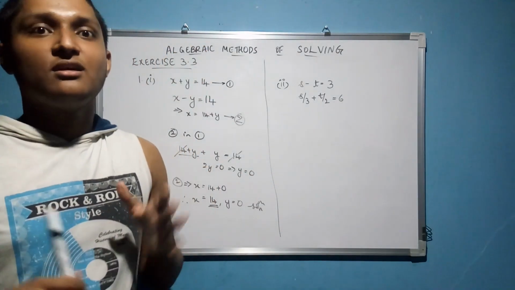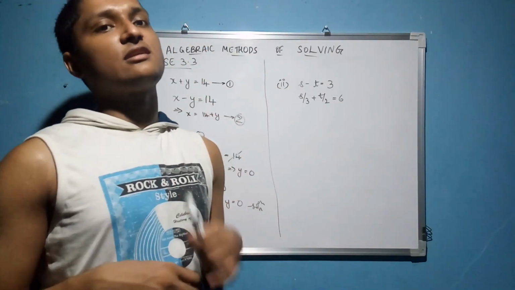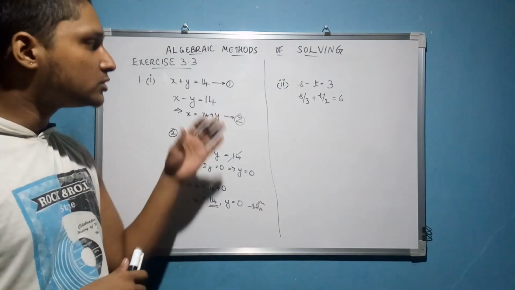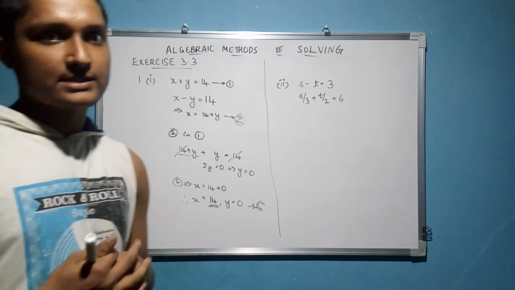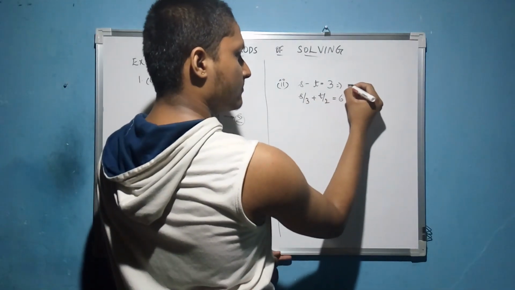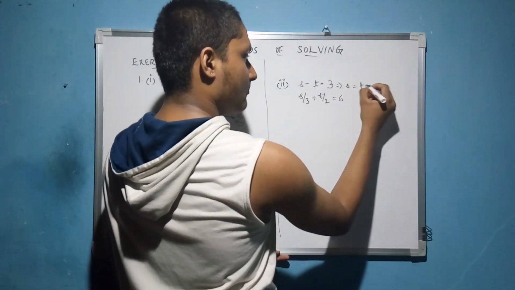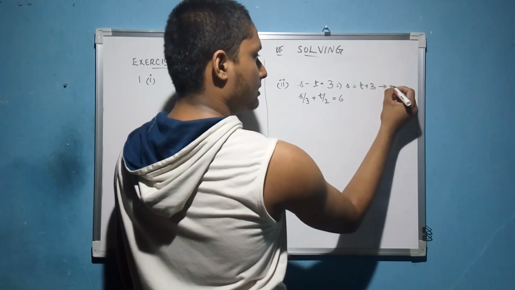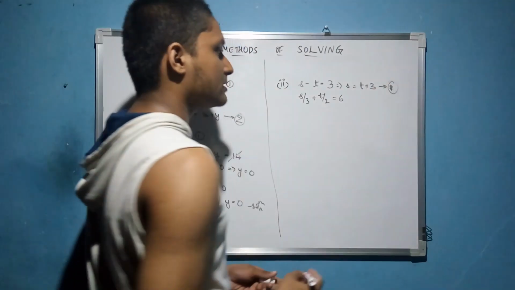Now we have the second part. Here they have chosen different variables, s and t, instead of x and y. The first one, I think, is better for substitution. This comes to be s is equal to t plus 3. That is the easier one to substitute, so this becomes the first equation.